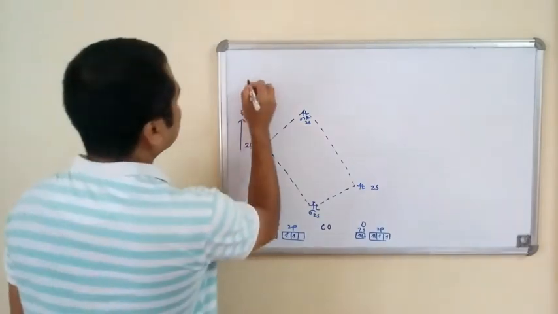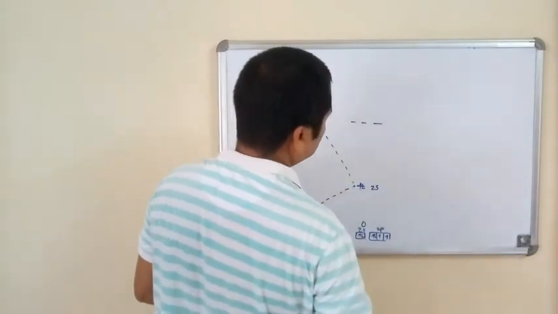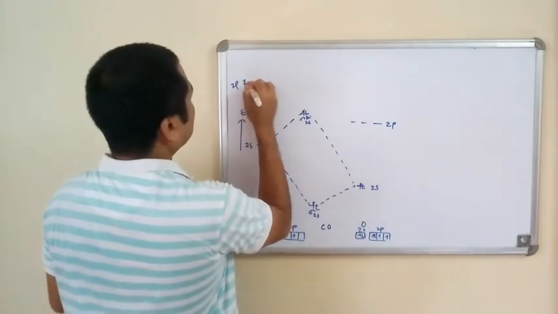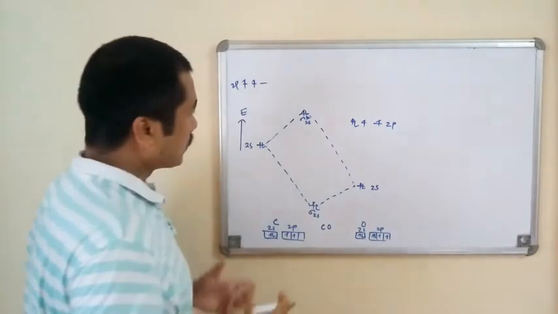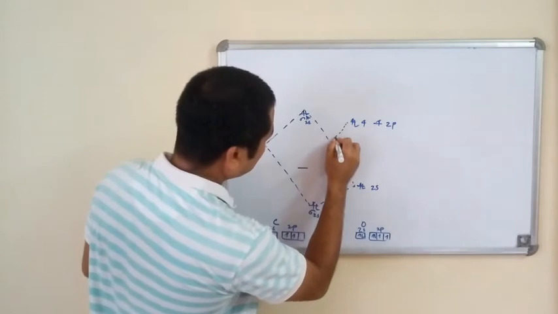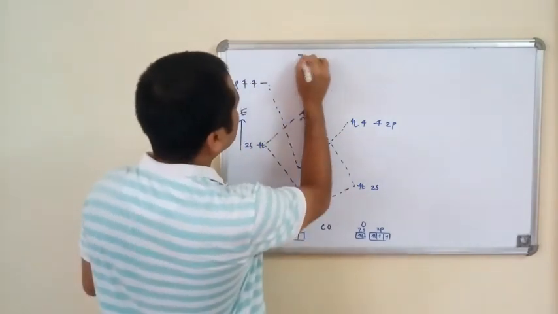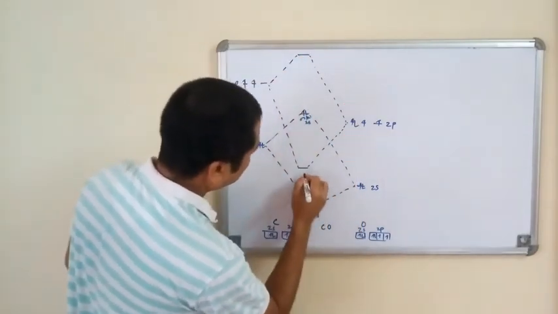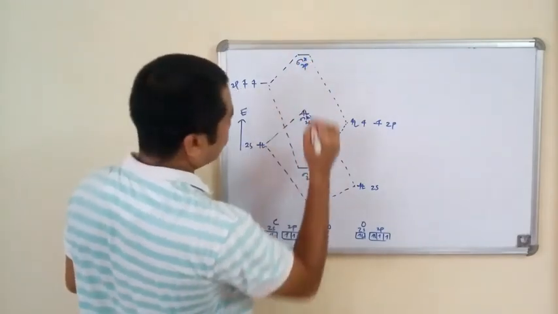Let us now draw the 2p orbitals of carbon and oxygen and combine these atomic orbitals to form molecular orbitals of carbon monoxide. First, the sigma molecular orbitals form: the 2px atomic orbitals of carbon and oxygen combine to give us bonding and anti-bonding sigma orbitals, sigma 2p and sigma star 2p.